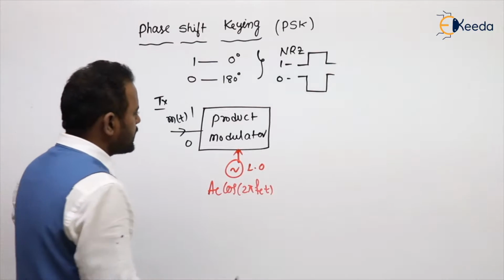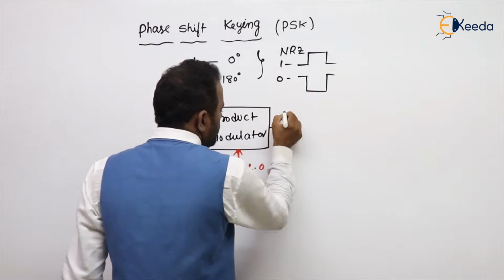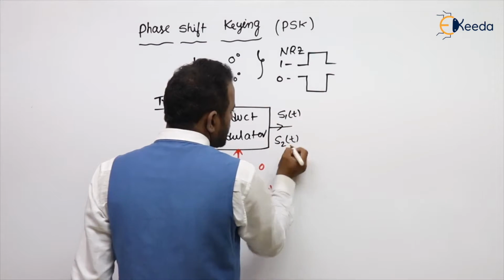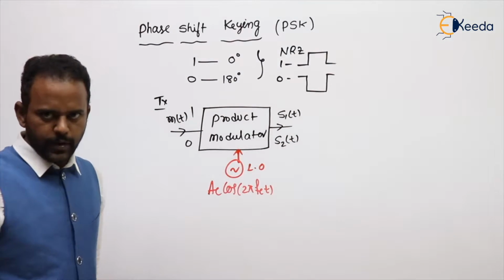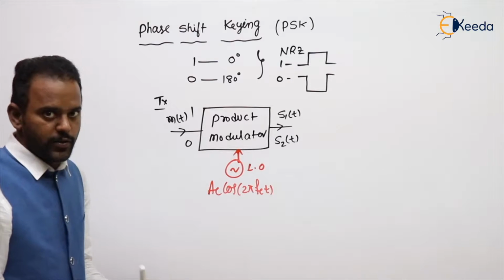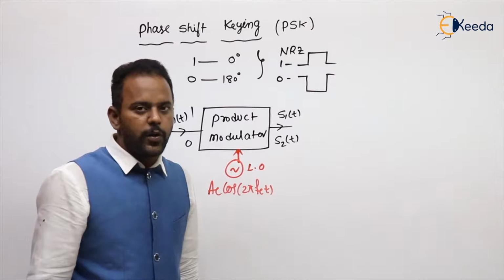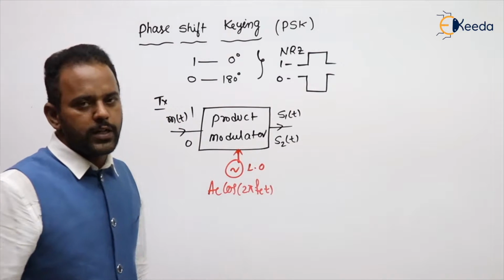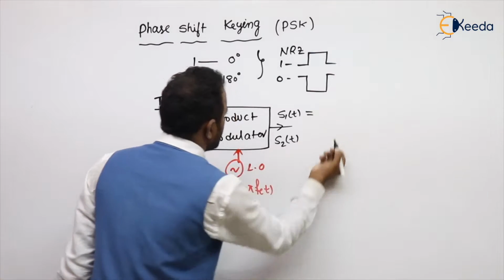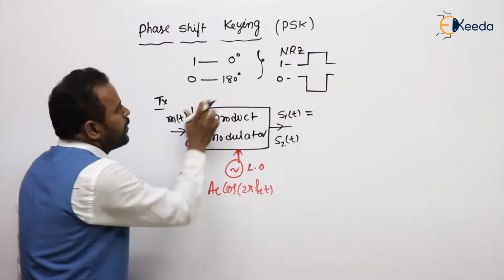What are the two modulated signals you will get? One modulated signal is S1(t), another modulated signal is S2(t). S1(t) corresponds to binary 1, S2(t) corresponds to binary 0 transmission. What is S1(t), sir? See, 1 is a positive pulse.